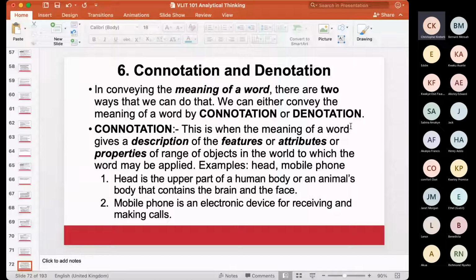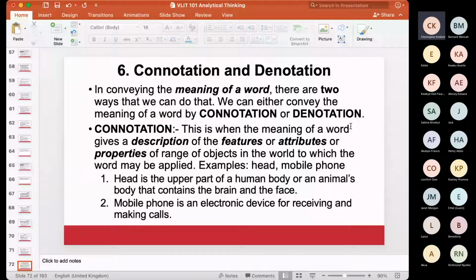Let's look at two examples, head and mobile phone, and let's try to give them meaning by connotative meanings. Number one, head is the upper part of a human body or an animal's body that contains the brain and the face.